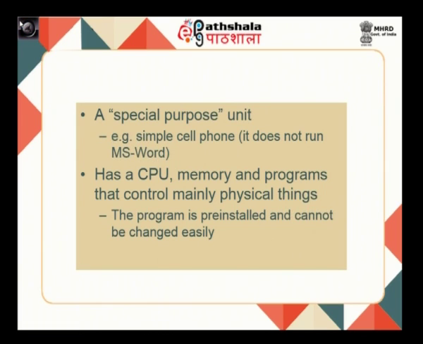It is made only for communication purposes, but this phone will have a CPU and a memory, and for working purposes a program is written onto the memory, dedicated only to communication. So cell phones have a CPU, memory, and programs which mainly control the physical things. This will not control any other things. You cannot write your own program for doing any process in your cell phone, not for the simple cell phone I am telling you about.